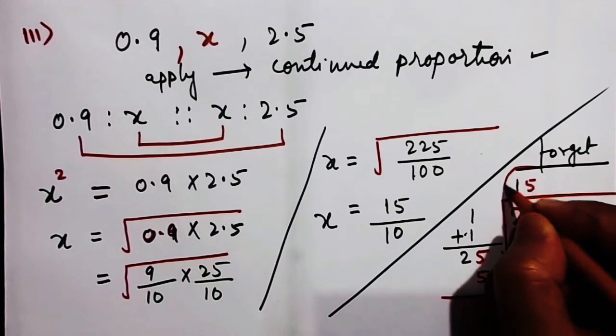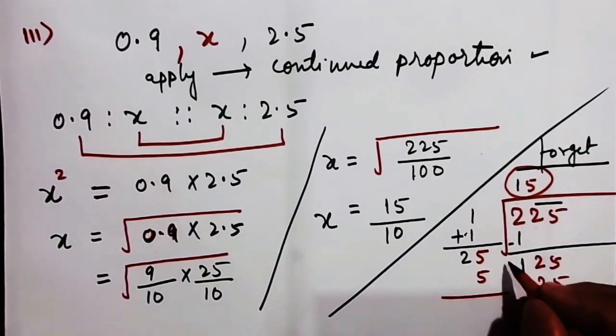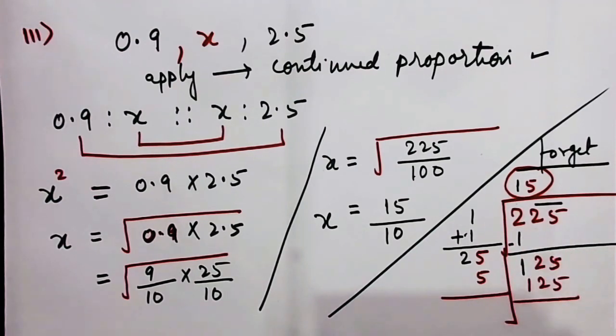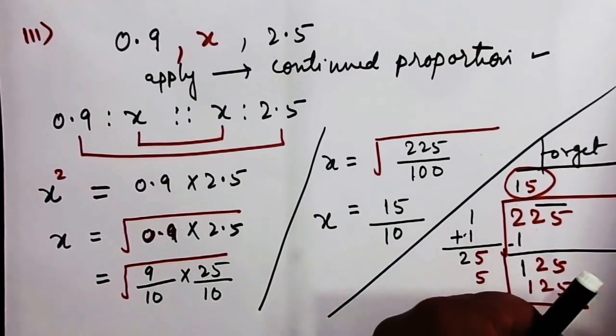So you saw that by division method I got the value of square root of 225 as 15. So here square root is also very important.